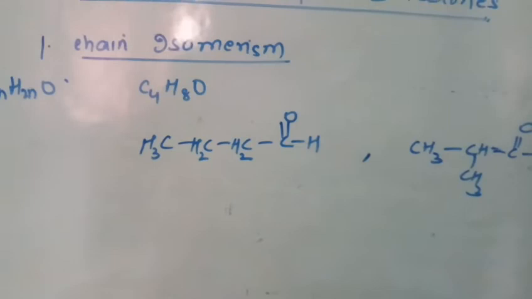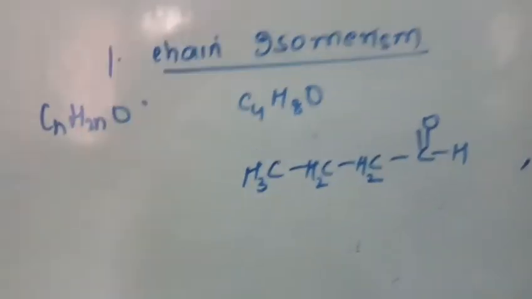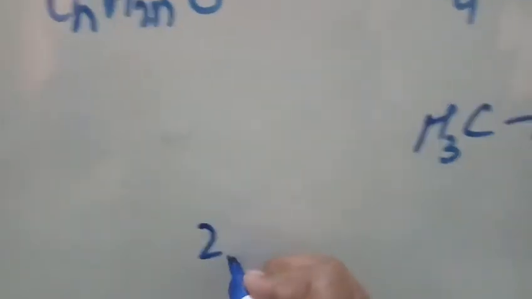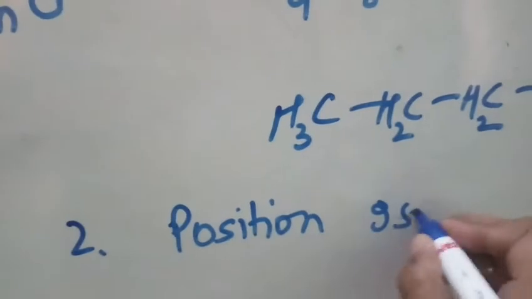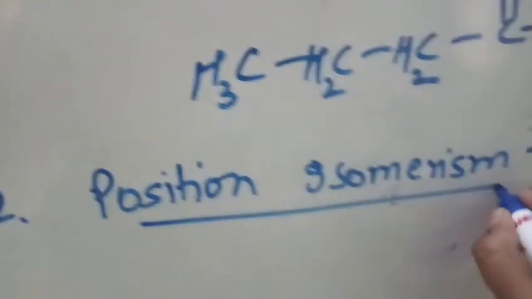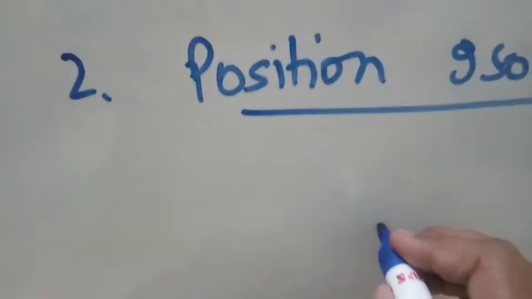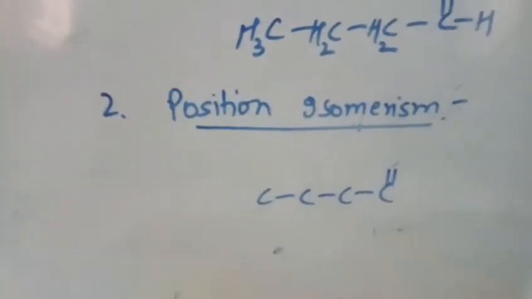Since the length of the carbon chain is different, they are chain isomers, isn't it? Now next we will come to the position isomers. For the same compound, if we have to draw the position isomer, in position isomerism the position of the functional group is different. See, the aldehydic group is always a terminal group.